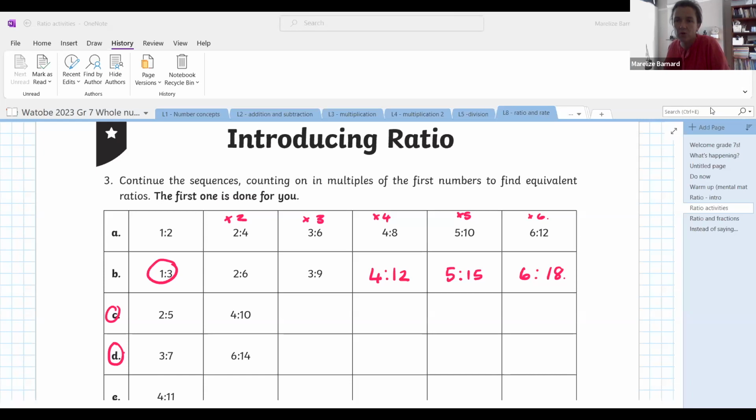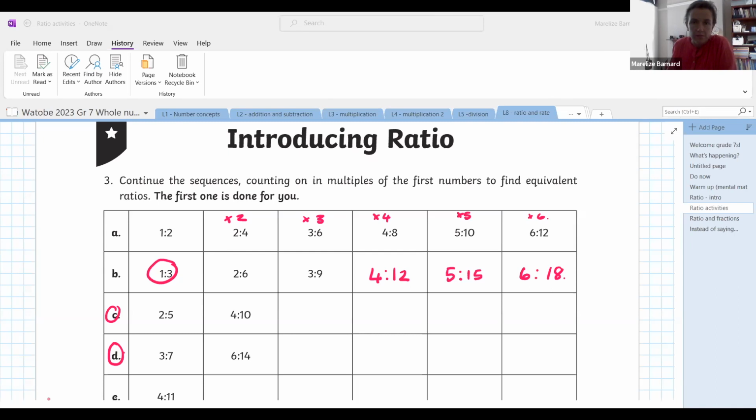Nosipo, is that you? You can unmute. Hi, ma'am. I wanted to ask how do you simplify the ratio? Okay, we'll practice some more now and then I'll show you again, all right?